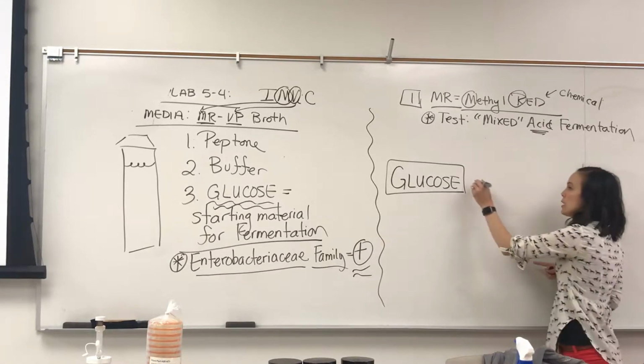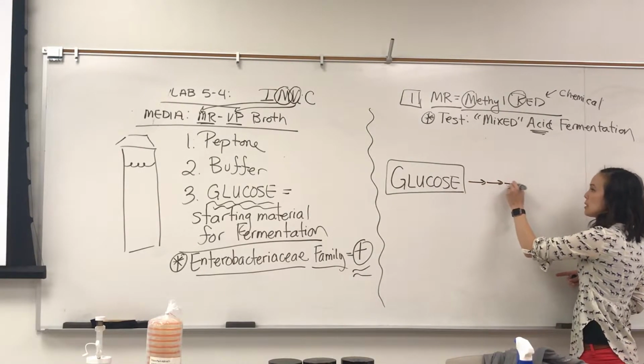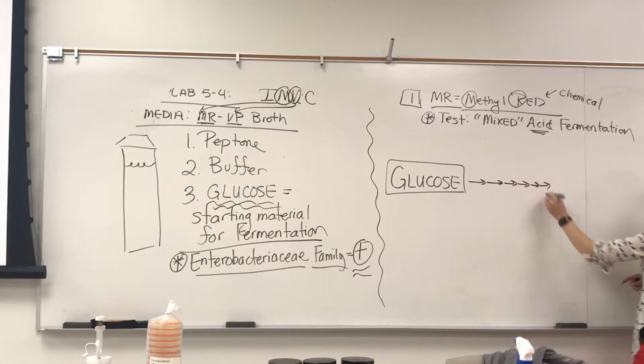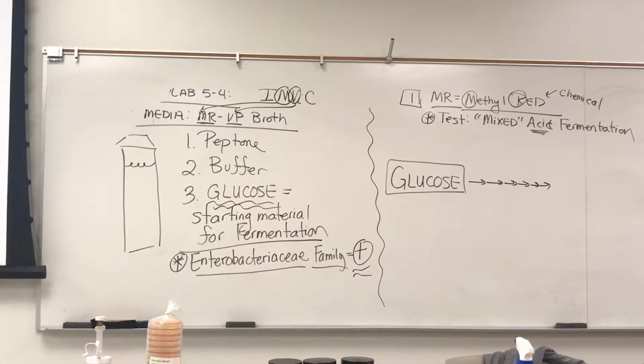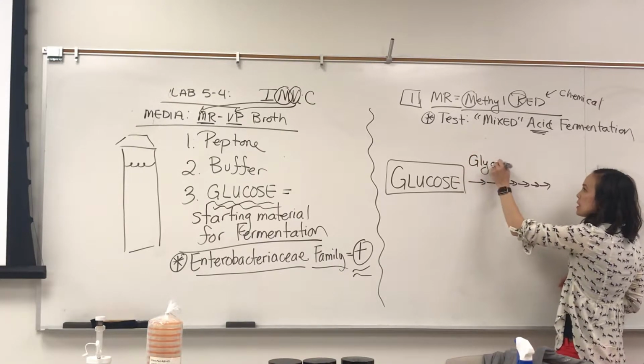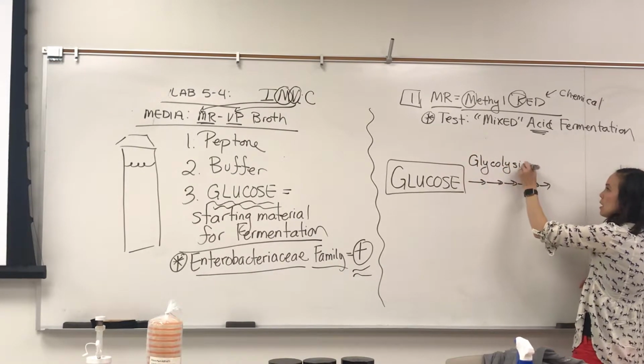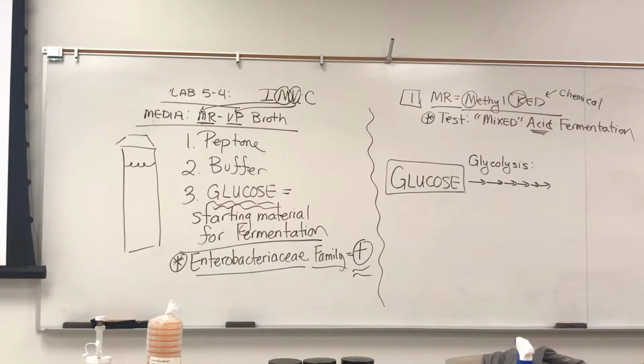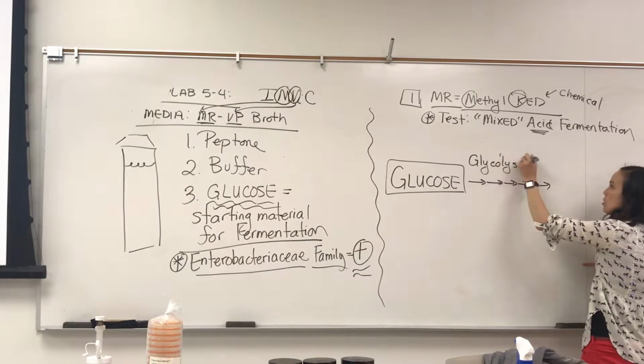Now when our organisms ferment it, it's a multi-step process, with multiple arrows, that we don't memorize in this class, but you probably do in physio. It's called glycolysis. Glycolysis is what kickstarts fermentation. It's that initial step. It's got that word lysis in it though.